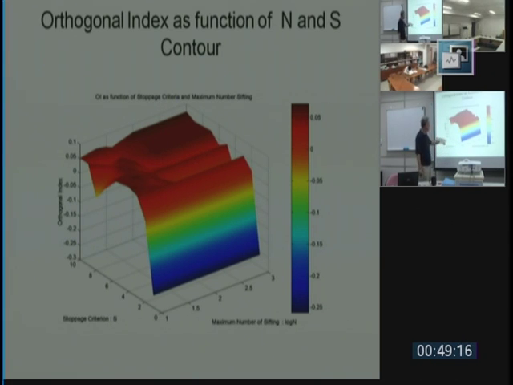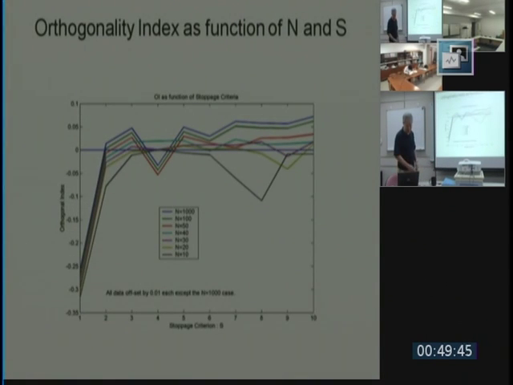So when you keep this, you can see that whether you use 1 or 2, this has a topography in that. By choosing different stoppage criteria, you actually have slightly different orthogonal index. To show you more detail, I cut lines at each maximum.